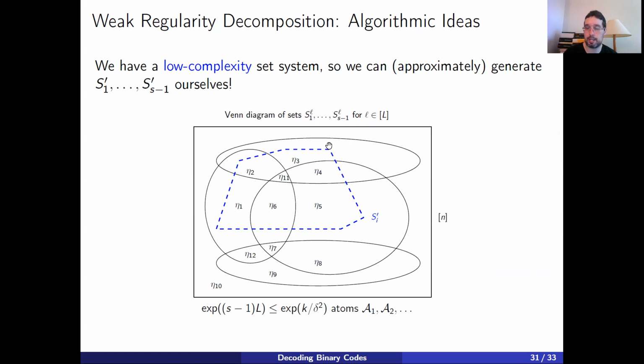We don't have too many sets in our collection. So when you form this Venn diagram, it doesn't have too many parts. And then what we can do, we can use the fractions as before and brute force over all of them. And that is still not too expensive. So that's sort of the beauty of this weak regularity approach. Okay. And so we don't need Merlin, we can do this step ourselves.